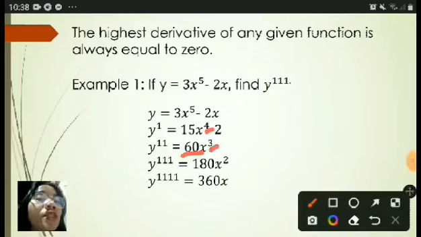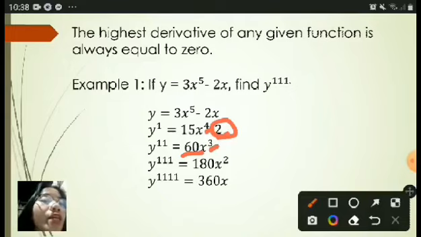So we have 60x cubed. Then the derivative of 2 is 0. So we have 60x cubed. After that, to find the third derivative, just multiply the 3 to the numerical coefficient 60.